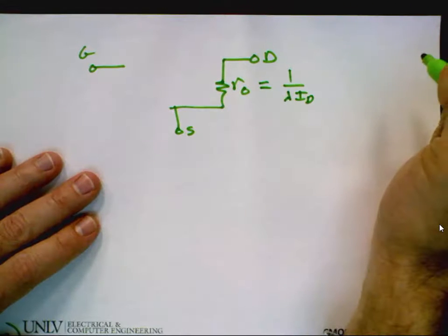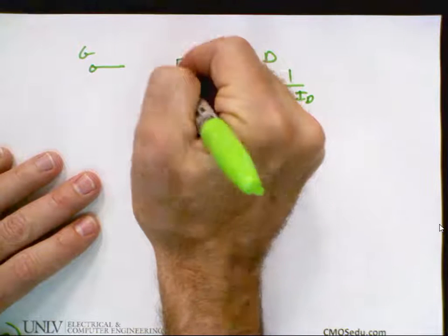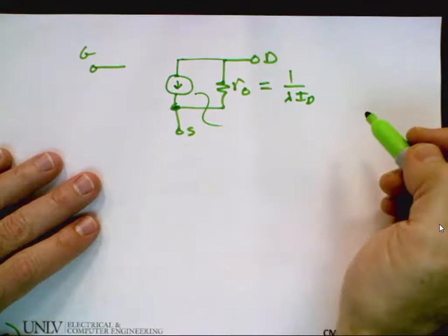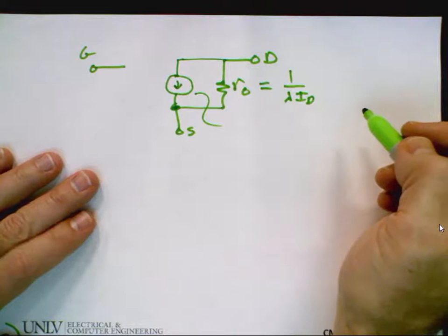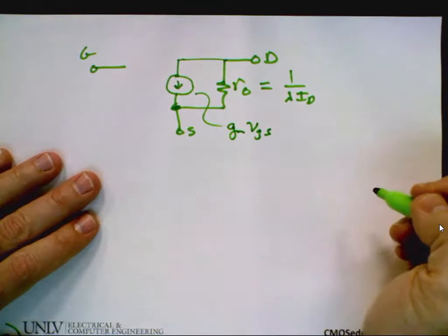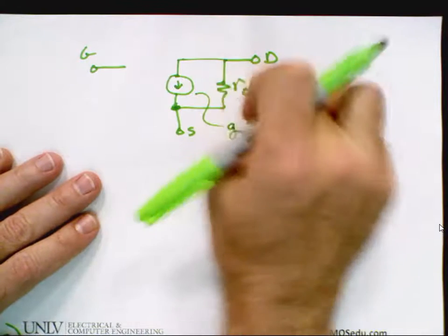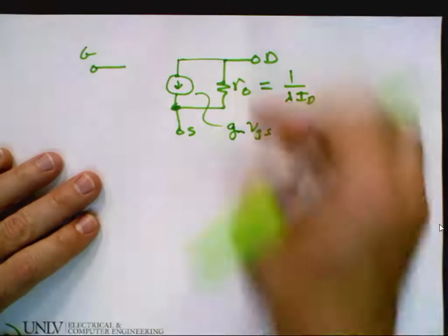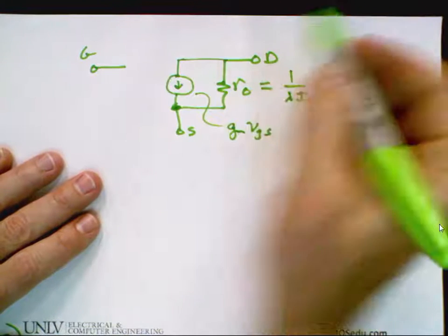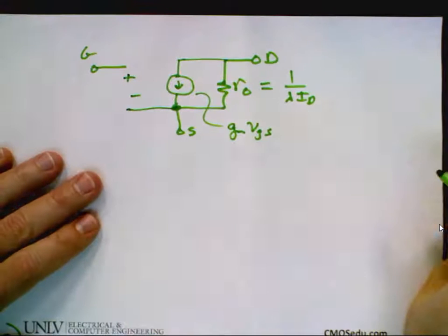What else do I throw in there? Current source. What's that current source's value? Because I have this current, that's ID, but then I also have a current due to the output resistance. So the overall current's not going to be exact because I also get a current flowing through the output. Then I come over here, this is still my source, and I label this voltage what?